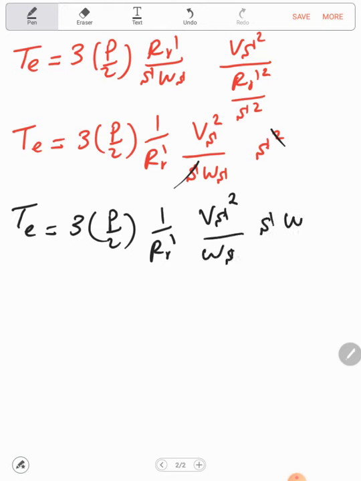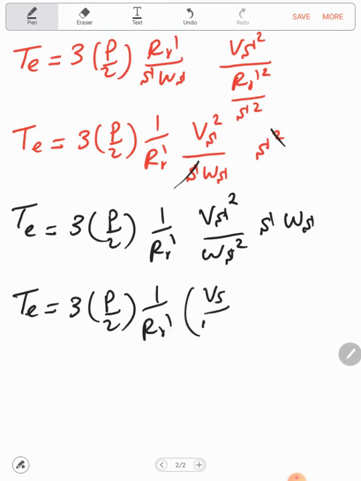If I multiply here by omega s, this will be omega s square. So now Te will equal 3P over 2 times 1 over Rr' times (Vs over omega s) all square times s omega s.